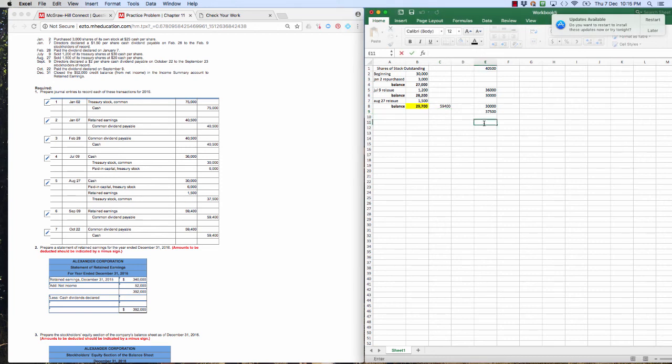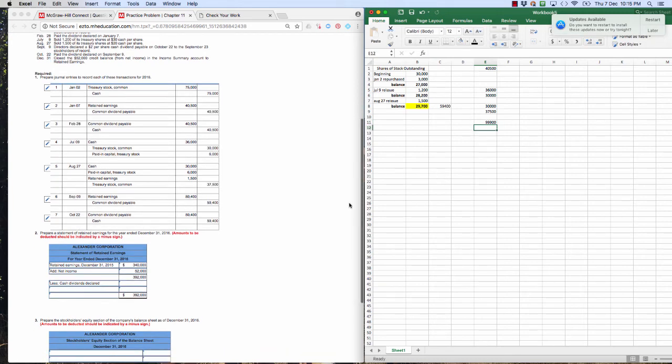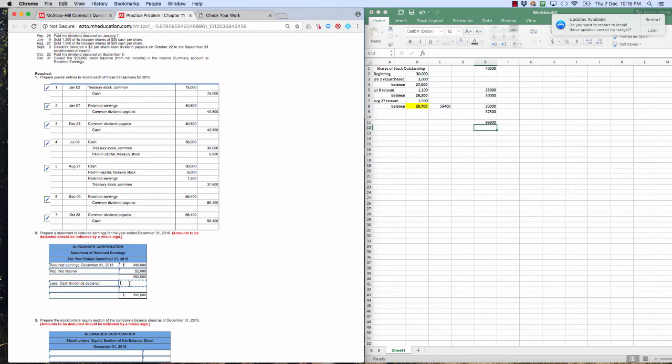Total amount of dividends is $40,500 plus $59,400. It's going to be lots of 9s. $99,900. So of that money that we could be adding to retained earnings, we're not adding all of it, because $99,900 of it gets paid to shareholders.